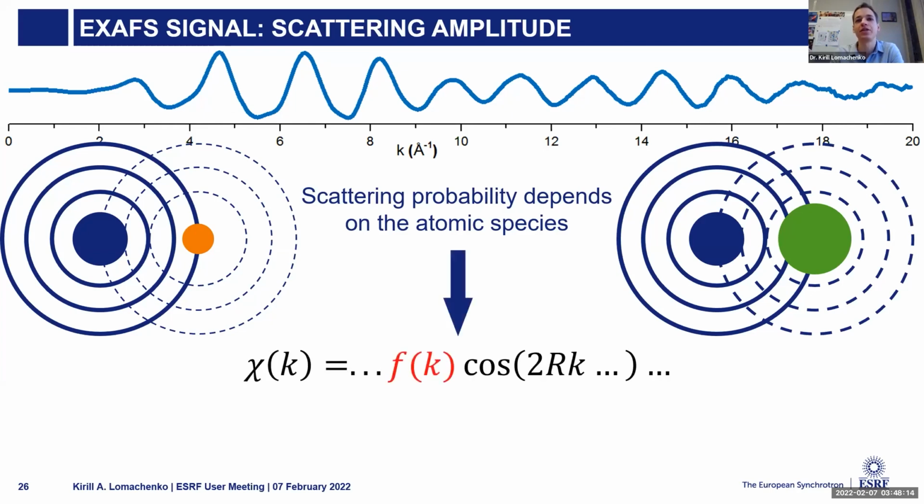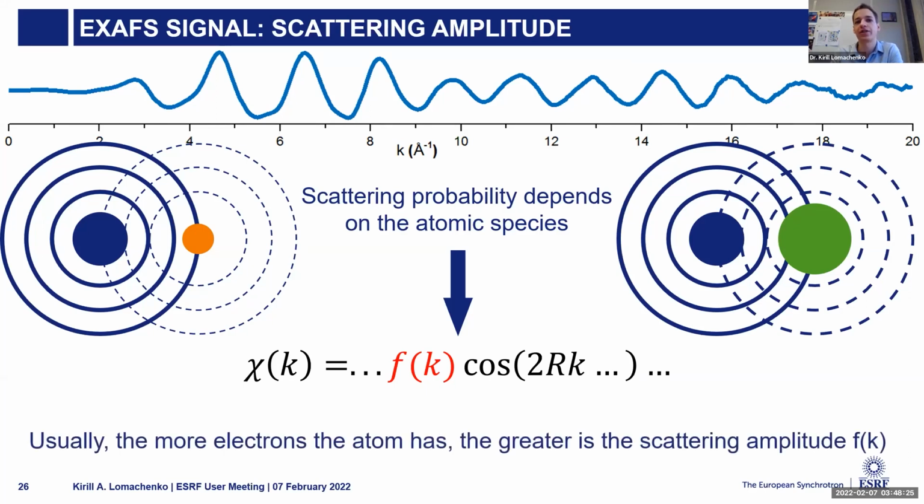And that means that we need to introduce a particular factor called the scattering amplitude into our expression. And it depends on the atomic species. Usually, the more electrons the atom has, the heavier it is, the greater the scattering amplitude. So if you have your absorber surrounded by nitrogens, the signal will be weaker than if you have the same absorber surrounded by bromines, for example.